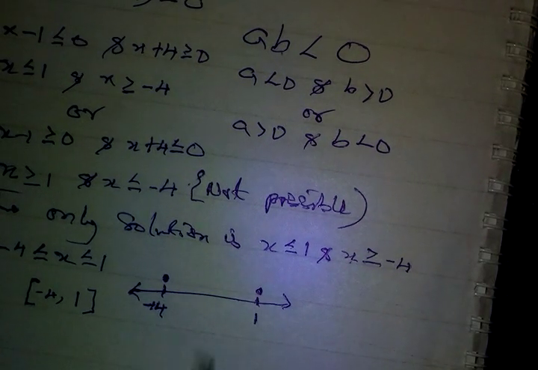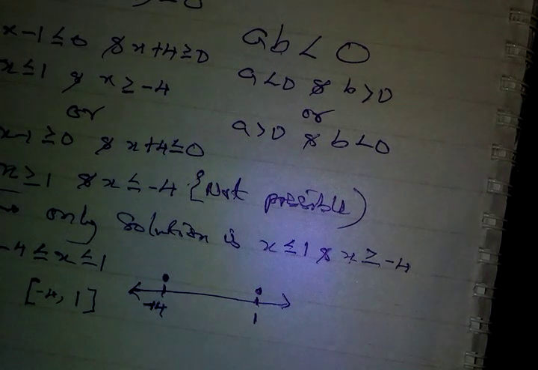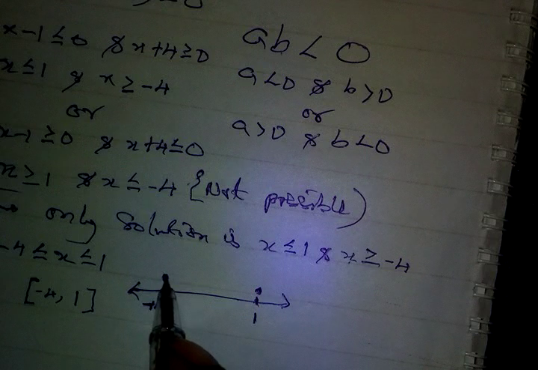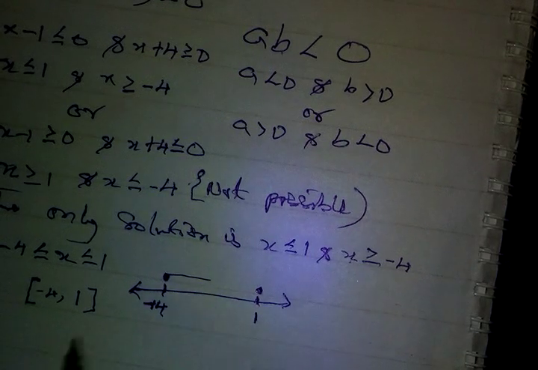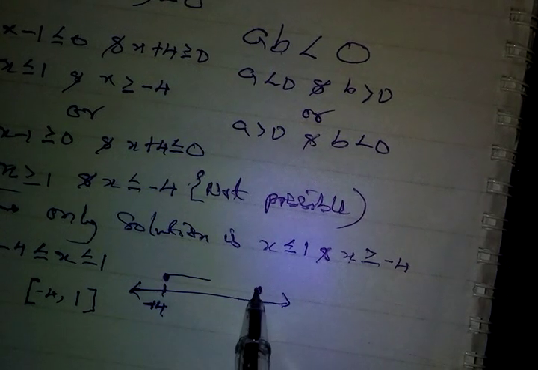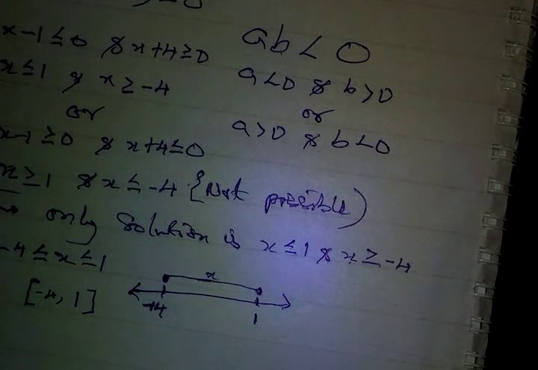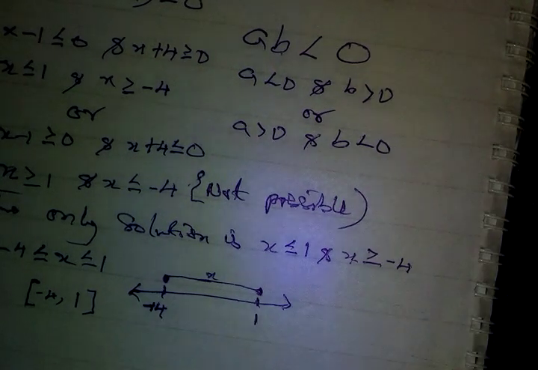So the values of x are all values that are greater than negative 4 in that direction, and again all values that are less than 1 will represent values of x. So this is the intersection of those two sets of values of x.